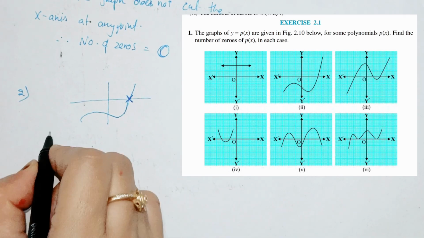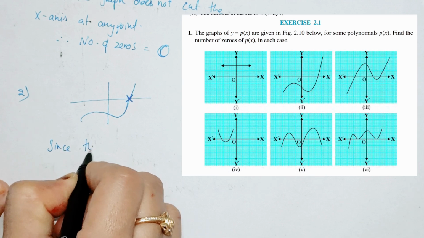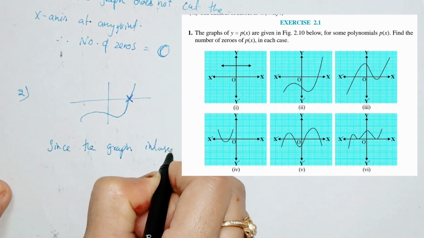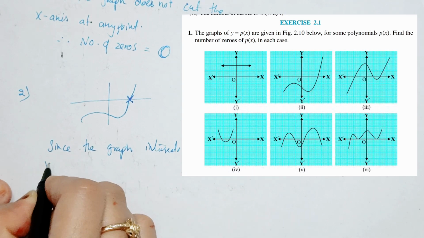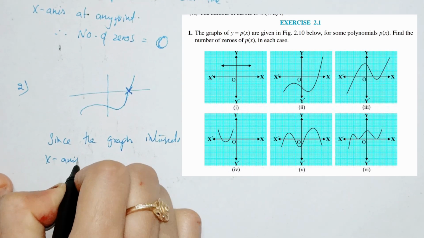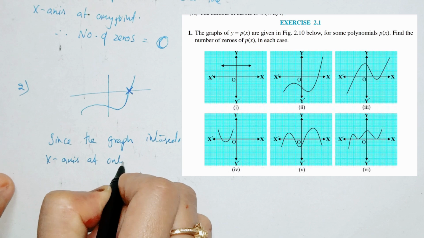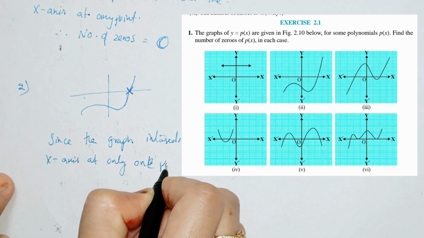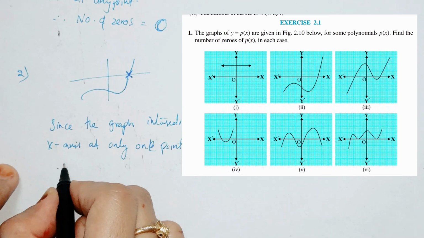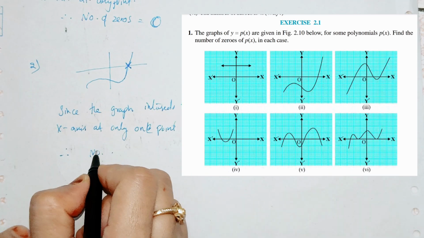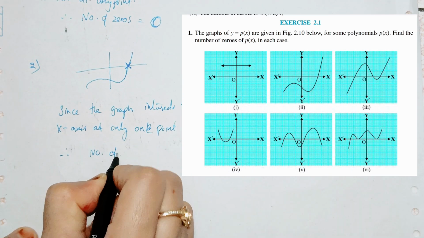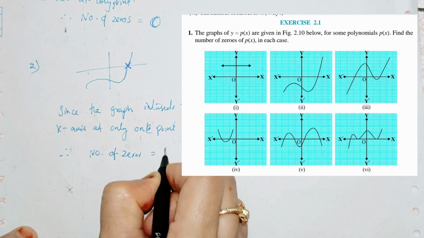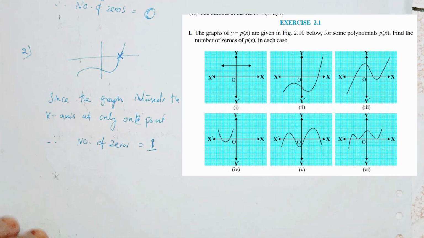So you may write it down like this: since the graph intersects the x-axis at only one point, you have to mention only one point, therefore the number of zeros is equal to 1.